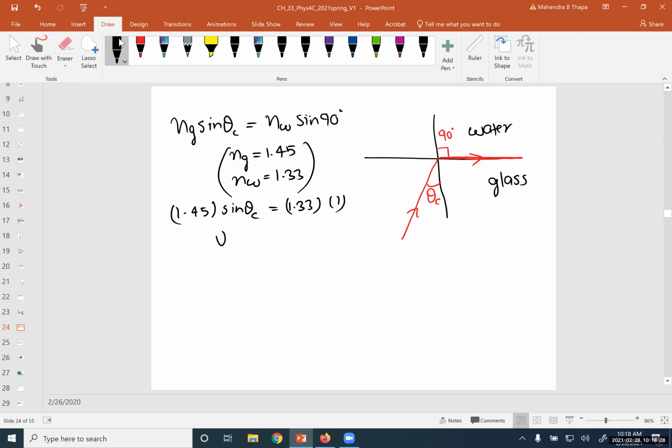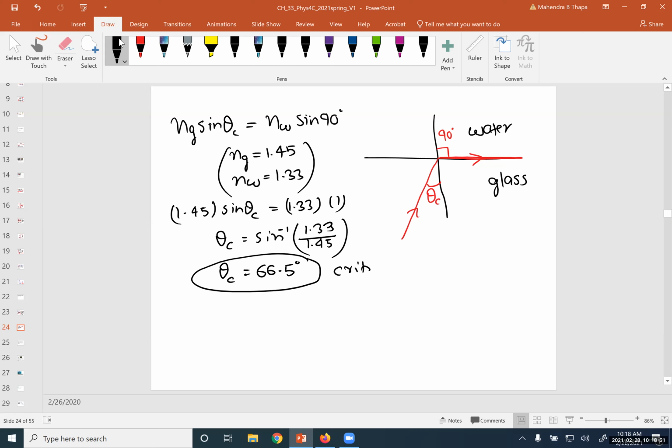Okay, so I find theta c equals sine inverse of 1.33 over 1.45. Okay, so if you calculate, the critical angle will be 66.5 degrees. This is the critical angle for the water glass interface, water glass media. This will be different for different pairs of media.